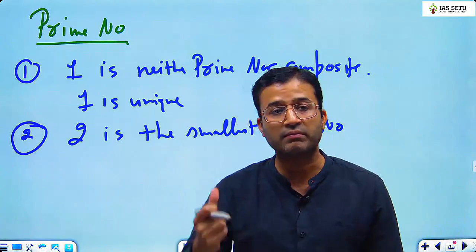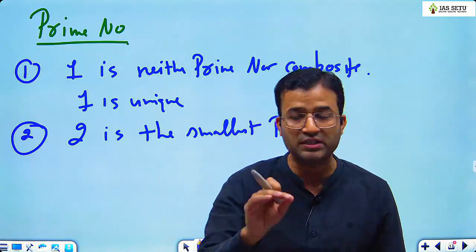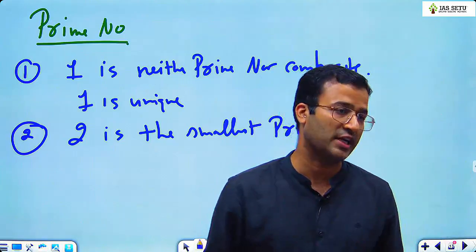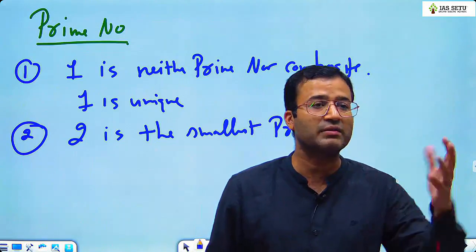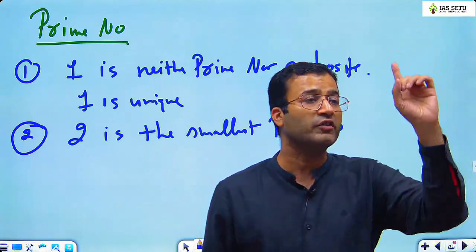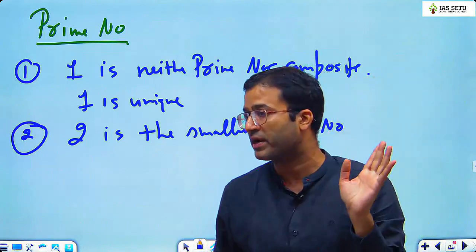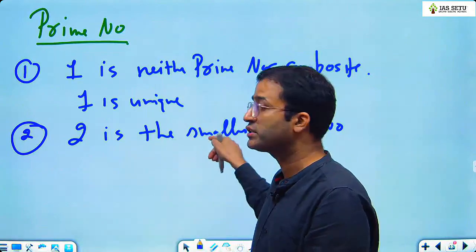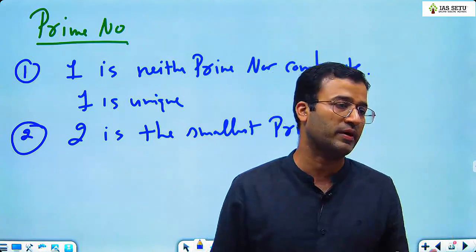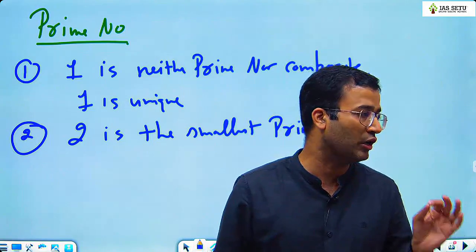Here prime number is under natural number. First condition is it has to be a natural number, and -2 is not a natural number. So never think about negative integers. Negative integers cannot be prime numbers. First condition is it has to be a natural number, and that's why 2 is the smallest prime number. क्योंकि 1 तो है नहीं, तो 2 ही सबसे छोटा prime number. 2 is the smallest prime number.